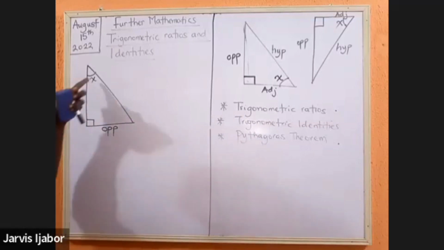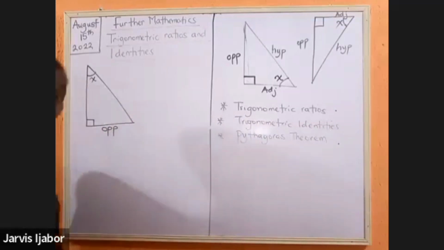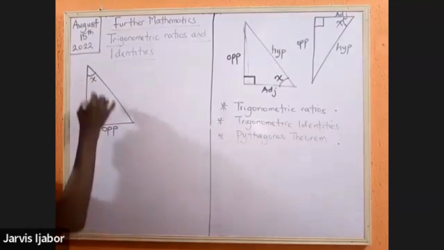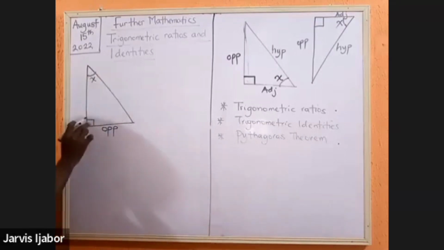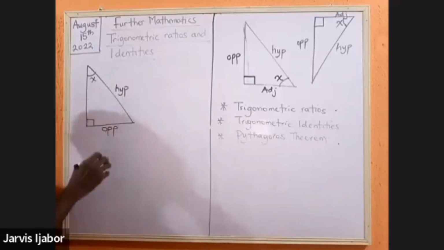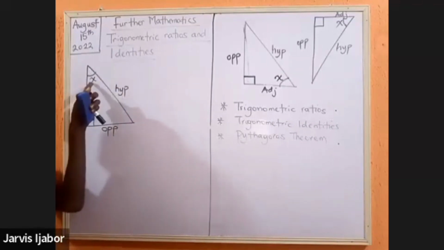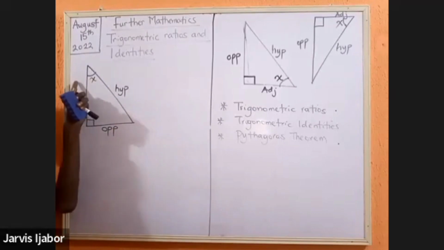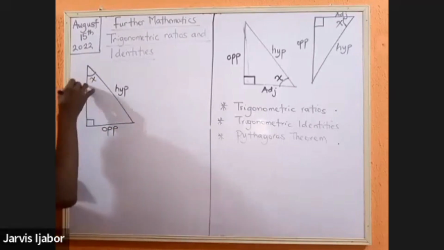So you see that in this direction now, the angle looks downwards, and where this 90 degrees is seen is called the hypotenuse. And this angle will be resting on this side. It's now called the adjacent.